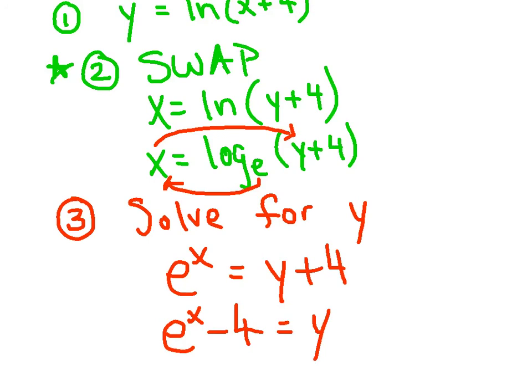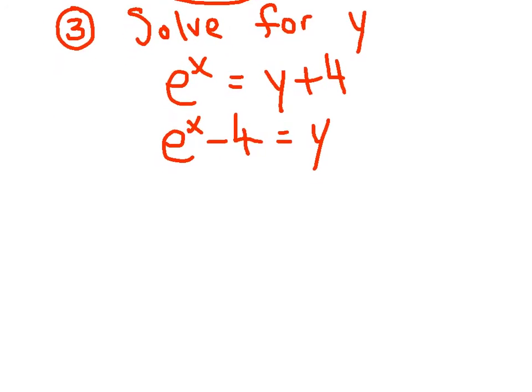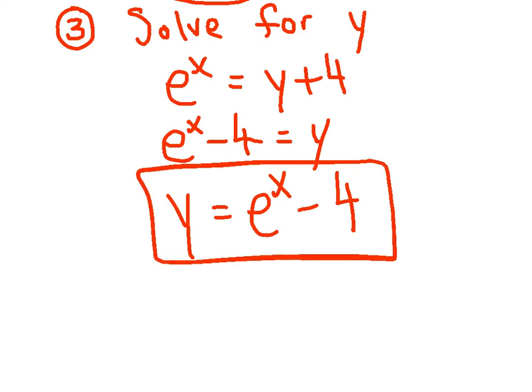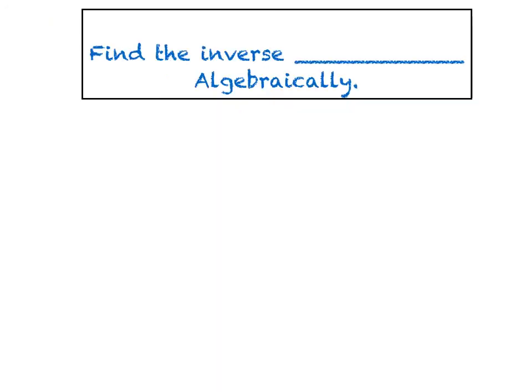Technically, you could say you're done right now, but if you'd prefer, we could write it as y equals e to the x minus 4. And ladies and gentlemen, that is the inverse of the natural log of the quantity x plus 4. If I graphed those two functions, they would appear to be reflections over which line? Hopefully, you just said to yourself the line y equals x.